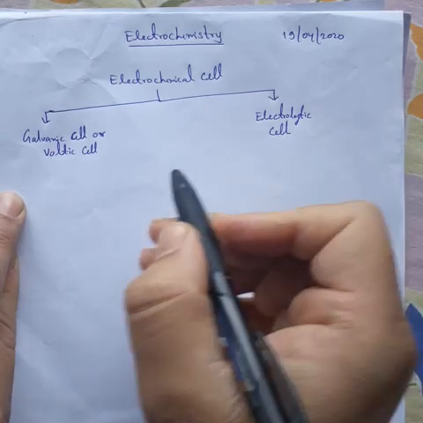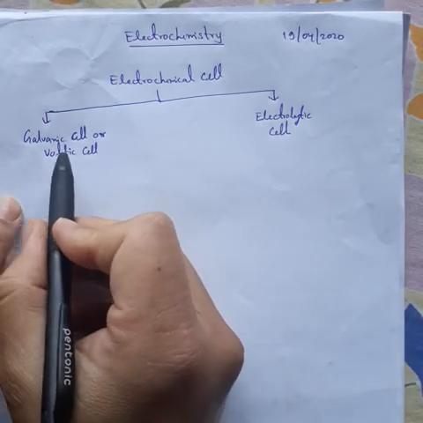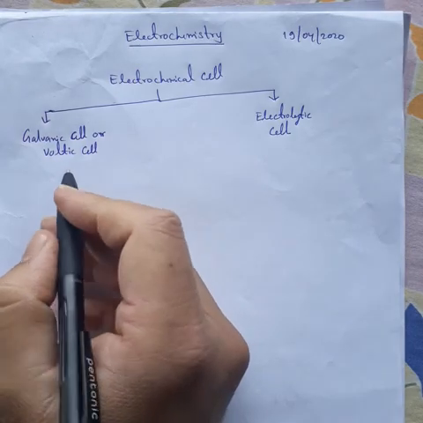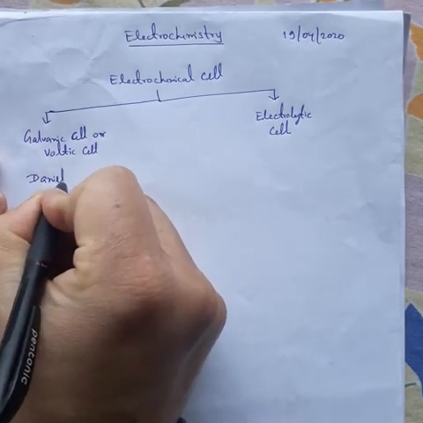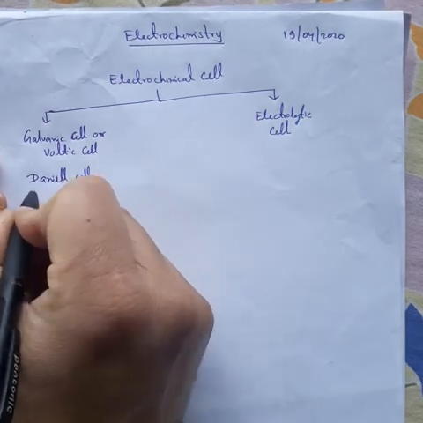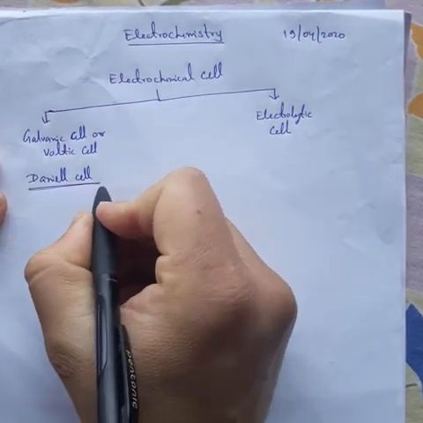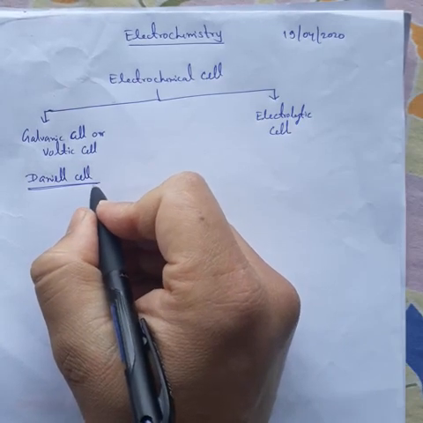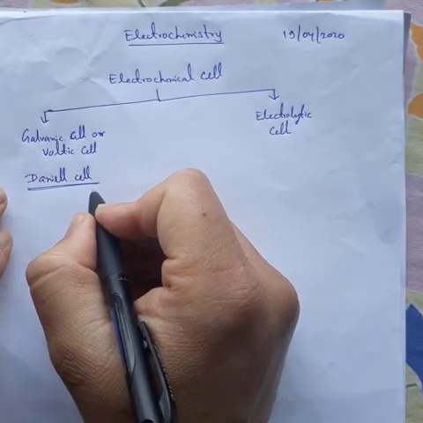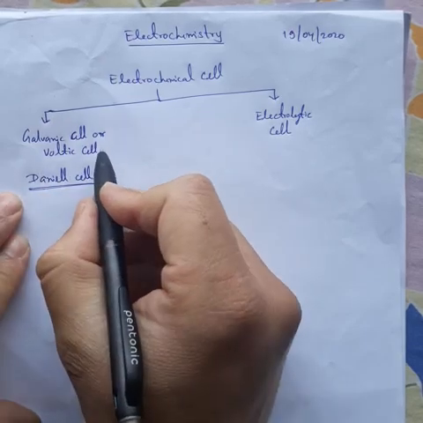An example of a galvanic or voltaic cell is the Daniel cell. Or normally we see the battery, car battery, and dry cell. All of this comes under the topic of galvanic cell.